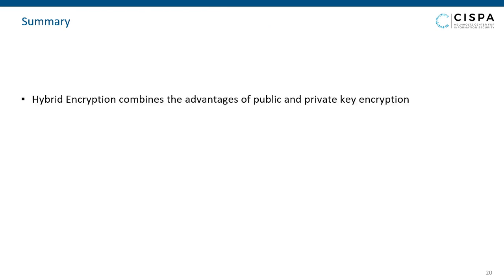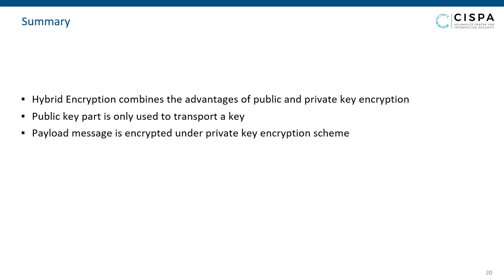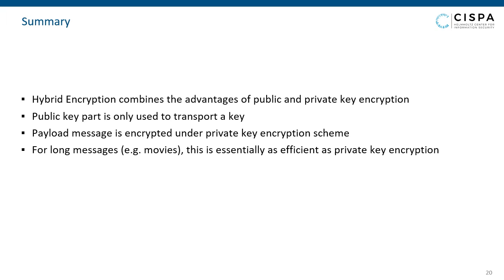And it's time to wrap up this lecture. We have seen that hybrid encryption combines the advantages of both public and private key encryption, in that the public key part is only used to transport a key for the private key encryption scheme, and the actual payload message, which we imagine to be something really large, is encrypted under the fast private key encryption scheme.